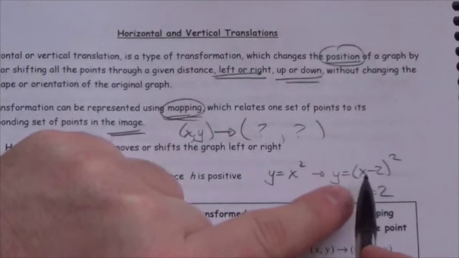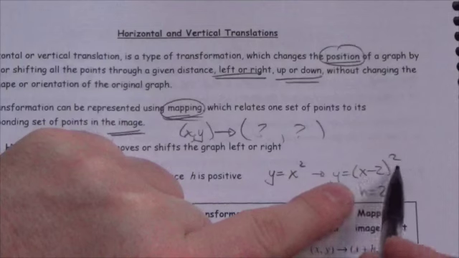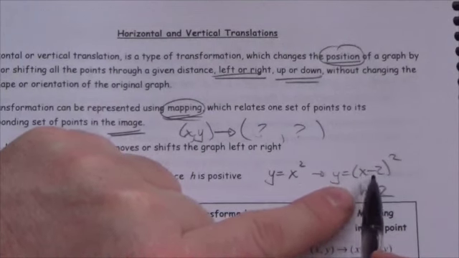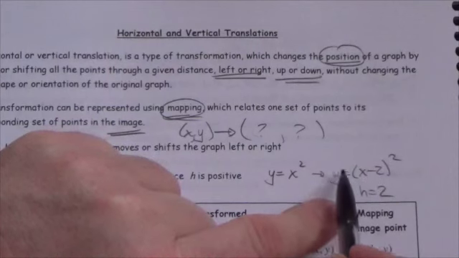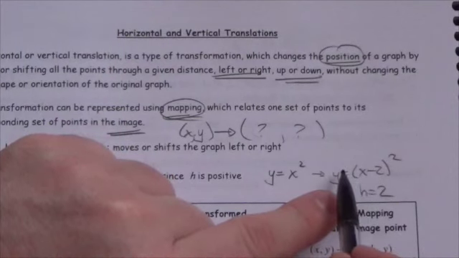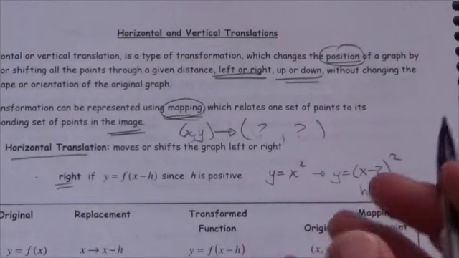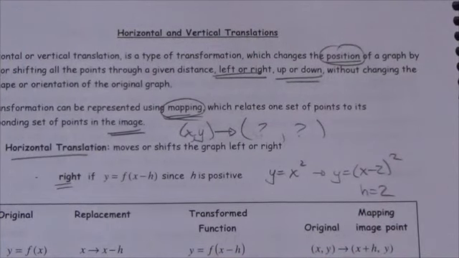If you were to isolate x, the very first thing you do is take the square root, and the very last thing you do is add 2. You would take the square root of y, and then add 2 to it. That becomes your translation, adding 2 to x. That is how we create our new x coordinate, okay?